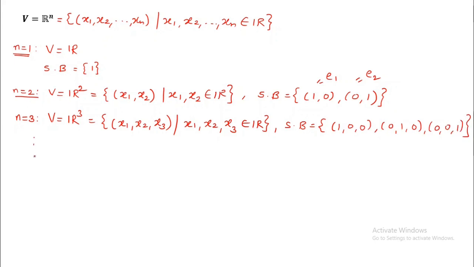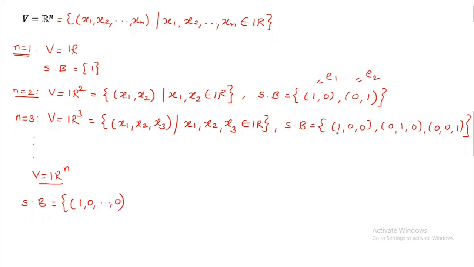Continuing in this way, at last for V is equal to R raised to n, our standard basis will be SB is equal to the set of all (1, 0, and so on up to 0).